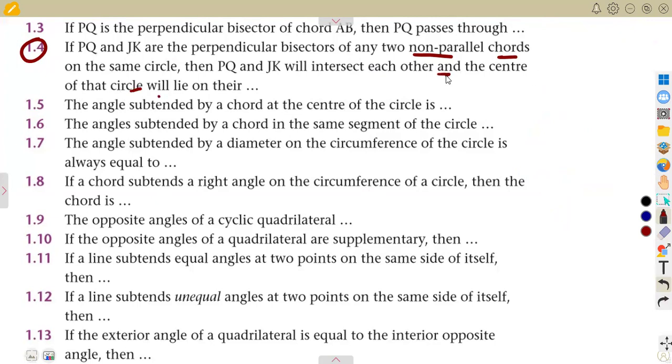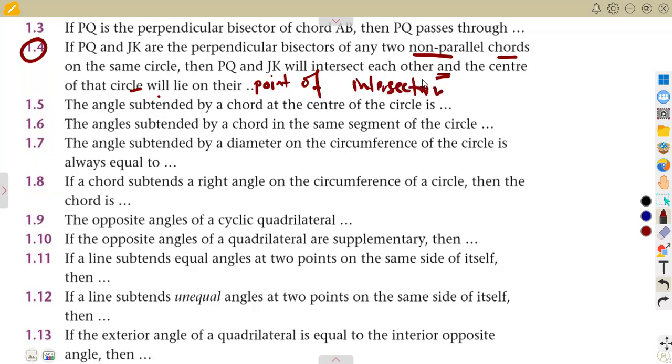So they will intersect each other, and the center of the circle will lie on their point of intersection. Remember, these are perpendicular bisectors of non-parallel chords. So whenever they intersect, the center of the circle will lie on their point of intersection.